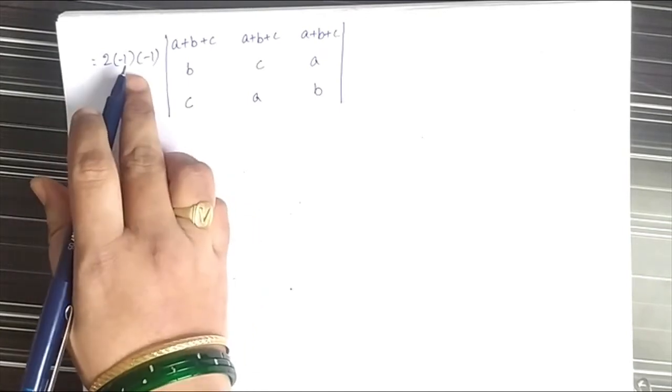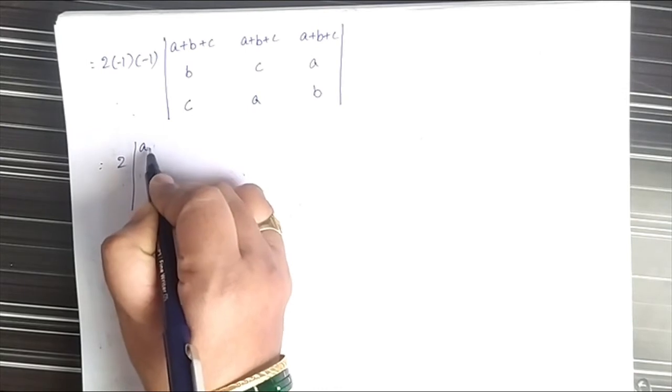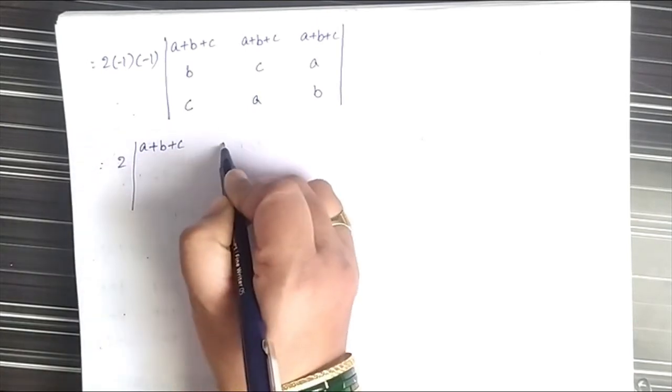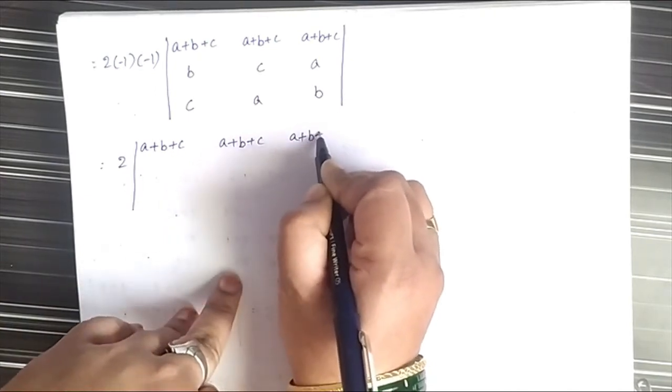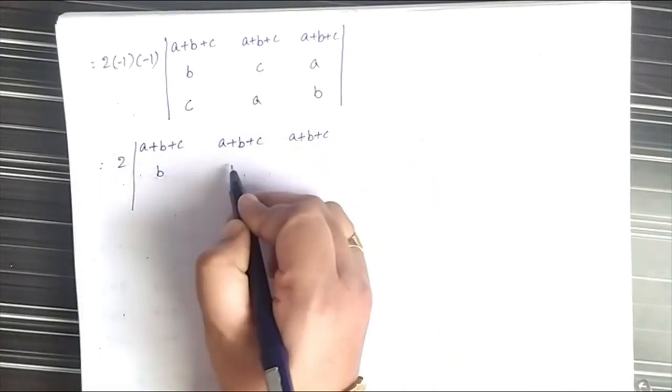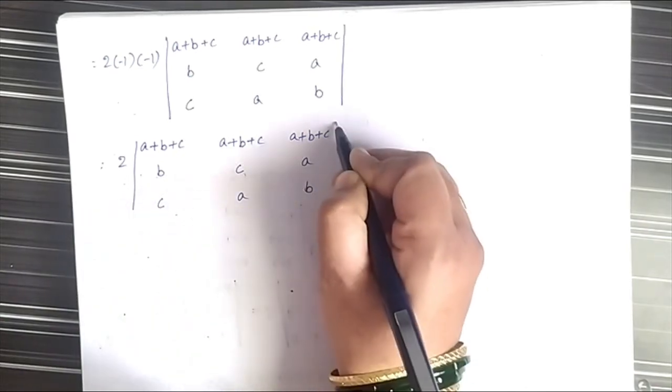That is 2 times determinant |a+b+c, a+b+c, a+b+c; b, c, a; c, a, b|.